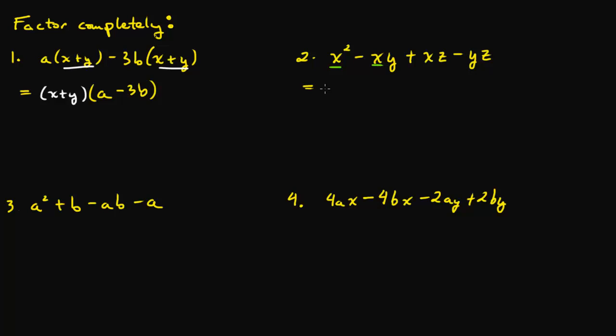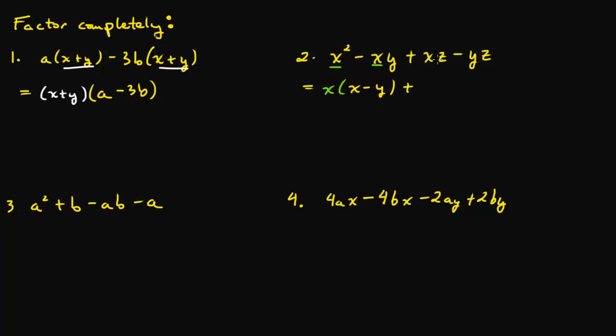So I'm going to go ahead and factor out x. And if I do that, I get x times (x - y). All that I did was I divided this first term by x, and then I divided the second term by x.